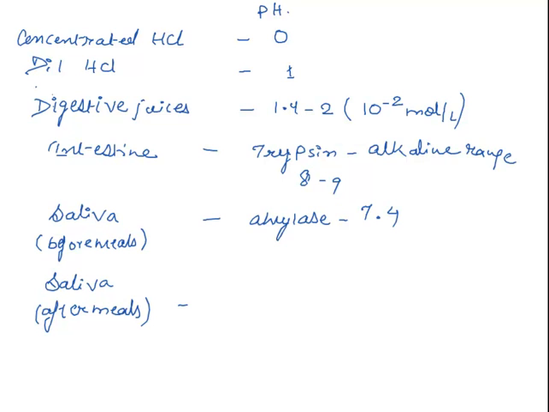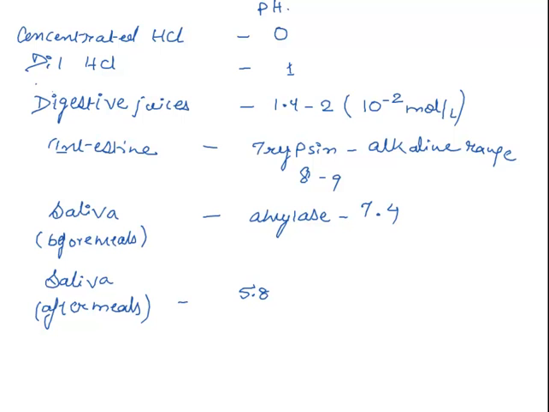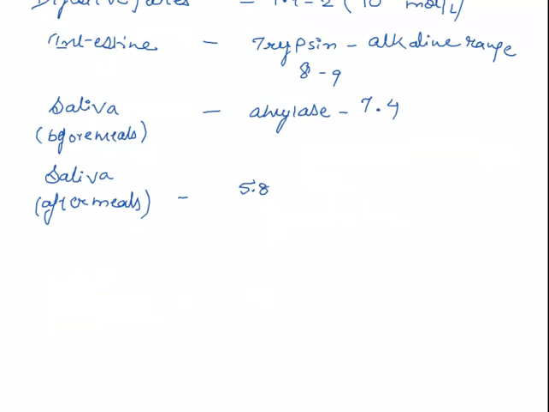The pH reduces because the hydrogen ion concentration increases. Now after meals it is 5.8. So the mouth is in the acidic region, the saliva becomes acidic.